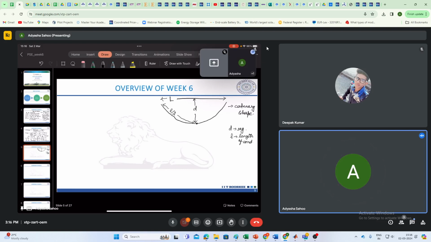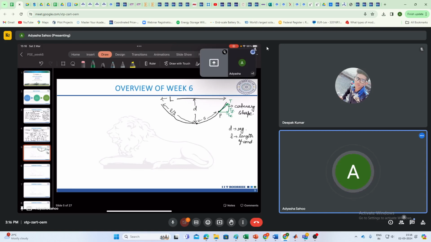L is length of conductor, right? And let's say at certain distance S, at point P, let's say we are calculating the tension. So the tension will be acting this way, T, which will have two components, basically Tx and Ty, the horizontal and vertical components.